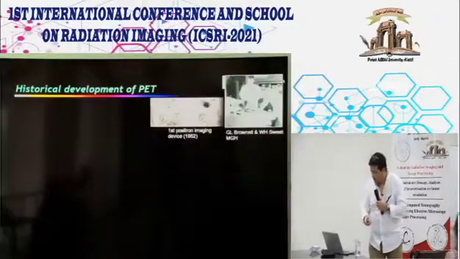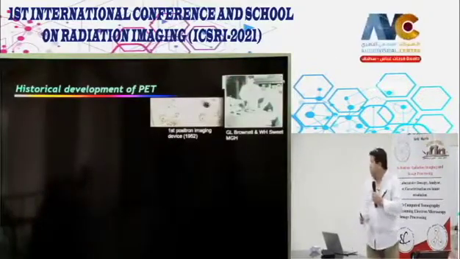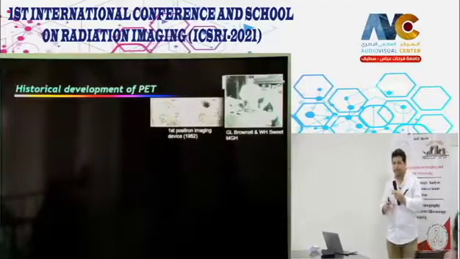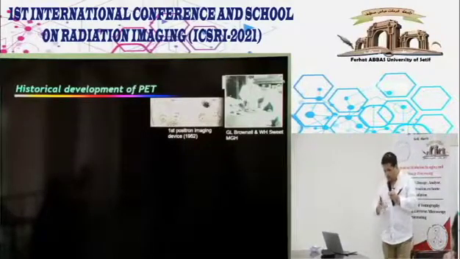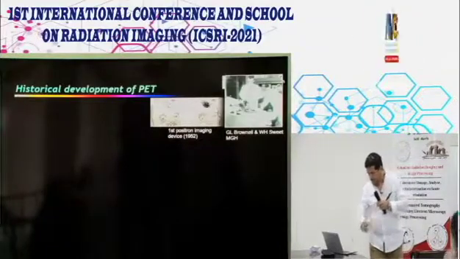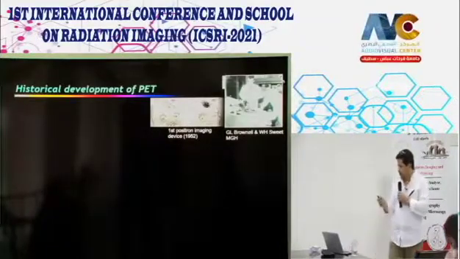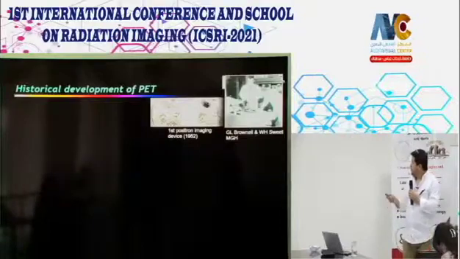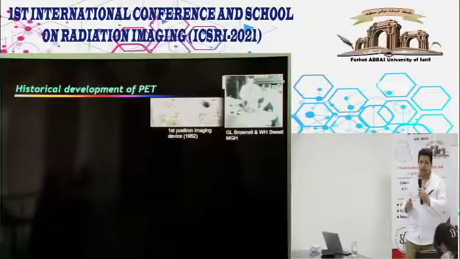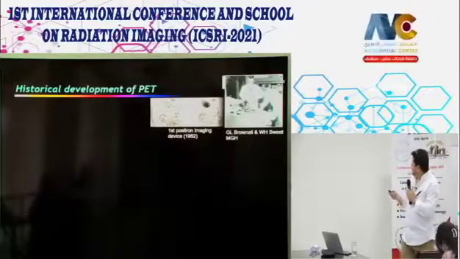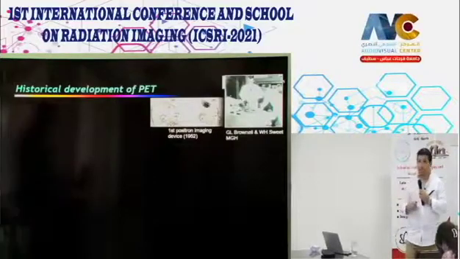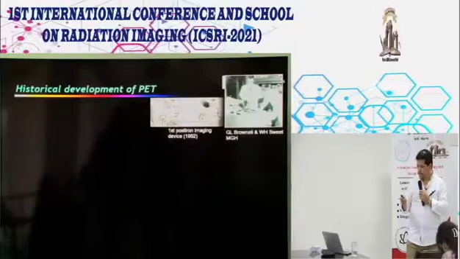Okay, so let's start now with the second part of the story, positron emission tomography. PET basically started in 1952 with the use of a positron emitting tracer by scientists Brownell, Sweet, and colleagues from Massachusetts General Hospital in Boston.